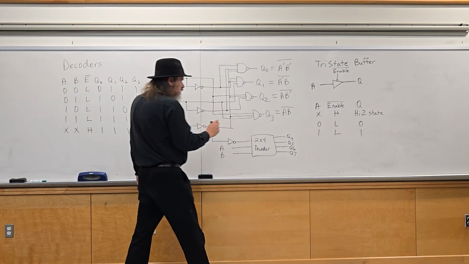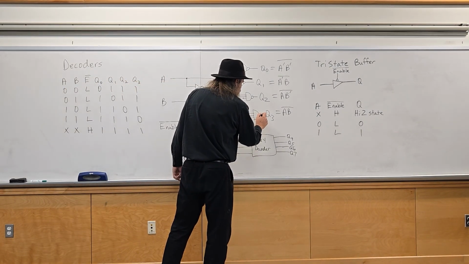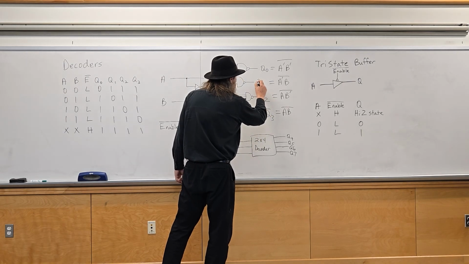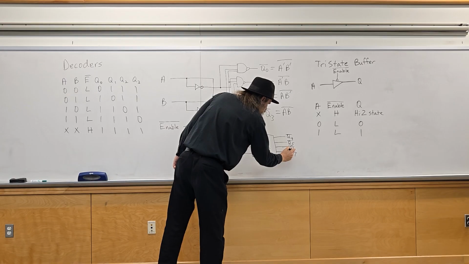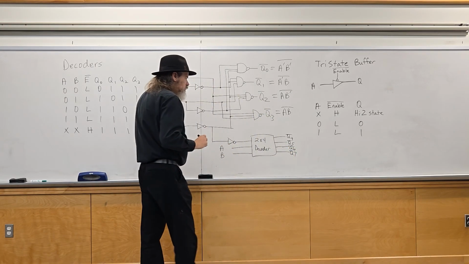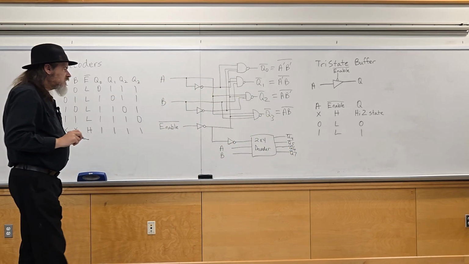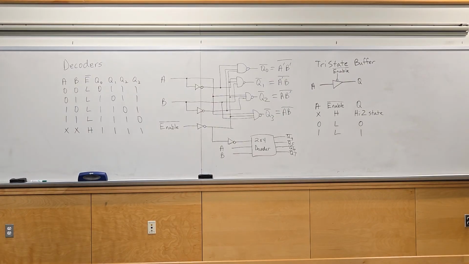So by using enable bits, and these are all Q bar, you can cascade the various decoders together to get more devices.